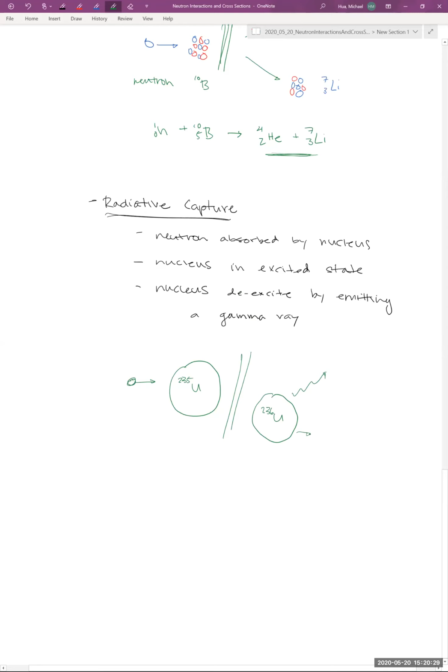In equation form, it's going to be a neutron plus uranium-235 becomes an excited uranium-236, which becomes a uranium-236 plus a gamma ray.